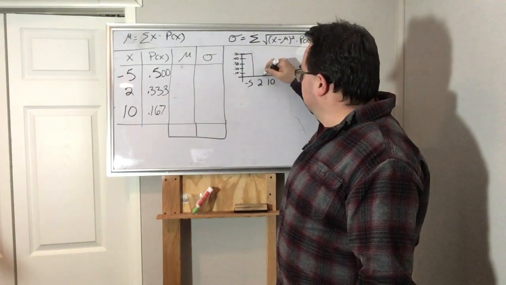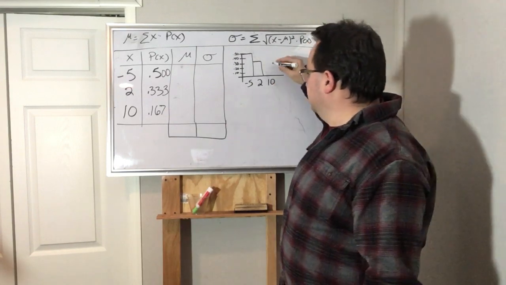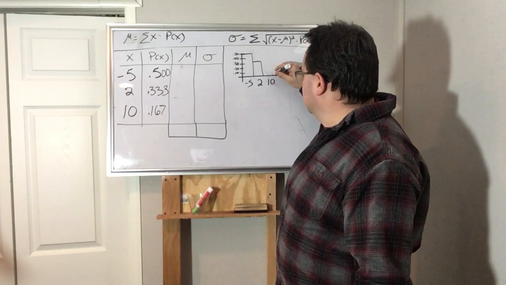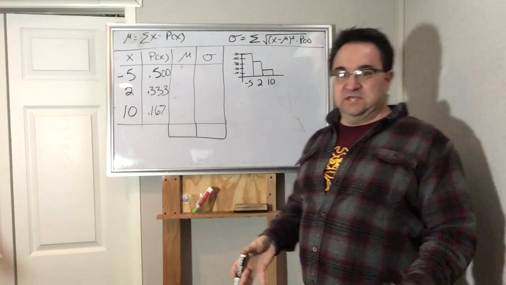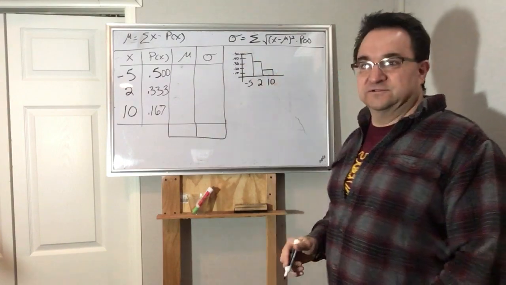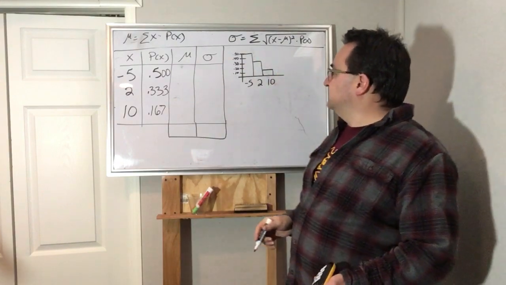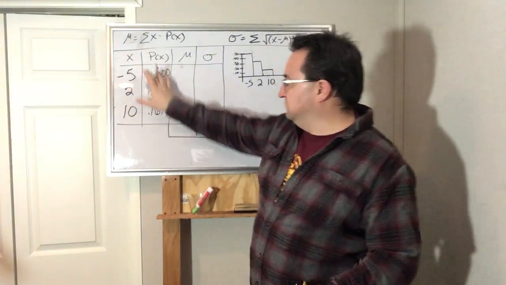To win $2 would be this probability. And to win $10 would be this probability. Right? It gives you a nice visualization of what could happen, and it's just the higher the bar is, the more likely it is that that's going to happen to you. So there's my probability distribution, these first 2 columns.